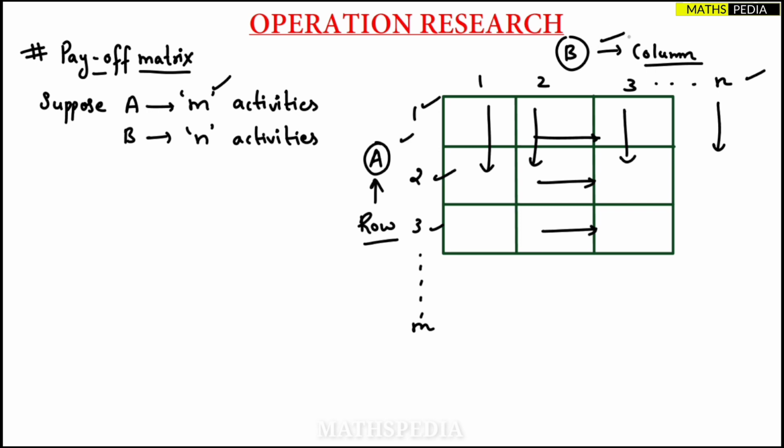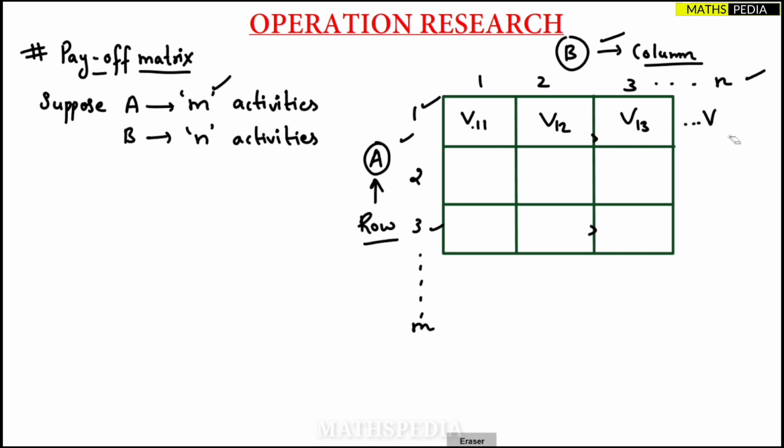Next, what will be the cell entry? Cell entry basically means if I want to mark this part, I can write it as v11. I am just taking a variable; it is basically denoted for the strategy. Now this is v11, this will be v12, this will be v13 and so on, till v1n.